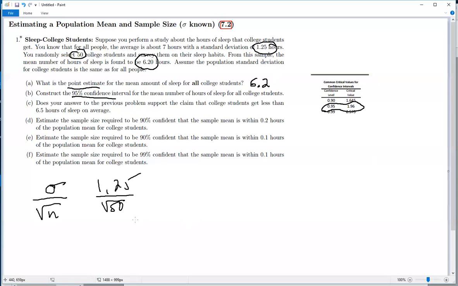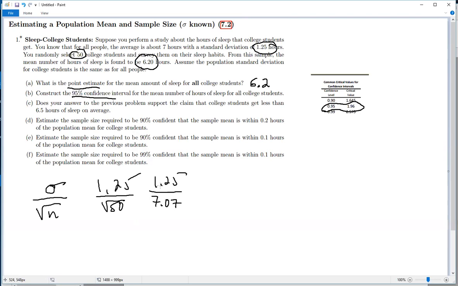I'm going to grab my calculator and take the square root of 50. I got 7.07. Truth be told, I've got more decimal places than that, I'm just going to let my calculator carry that.